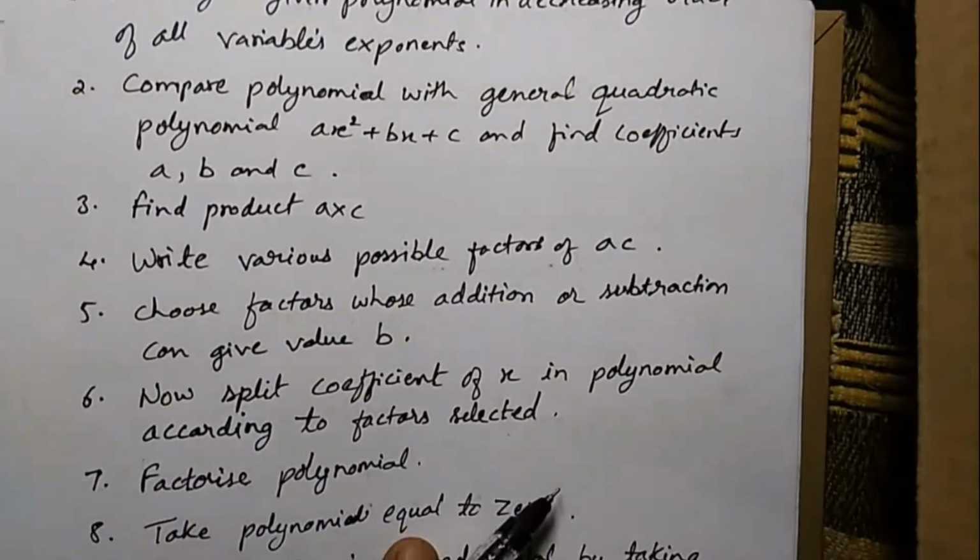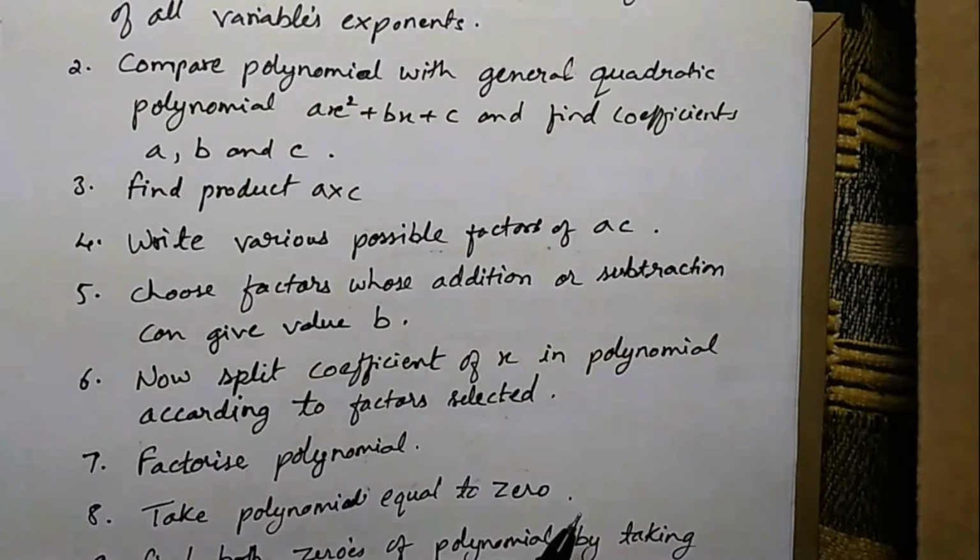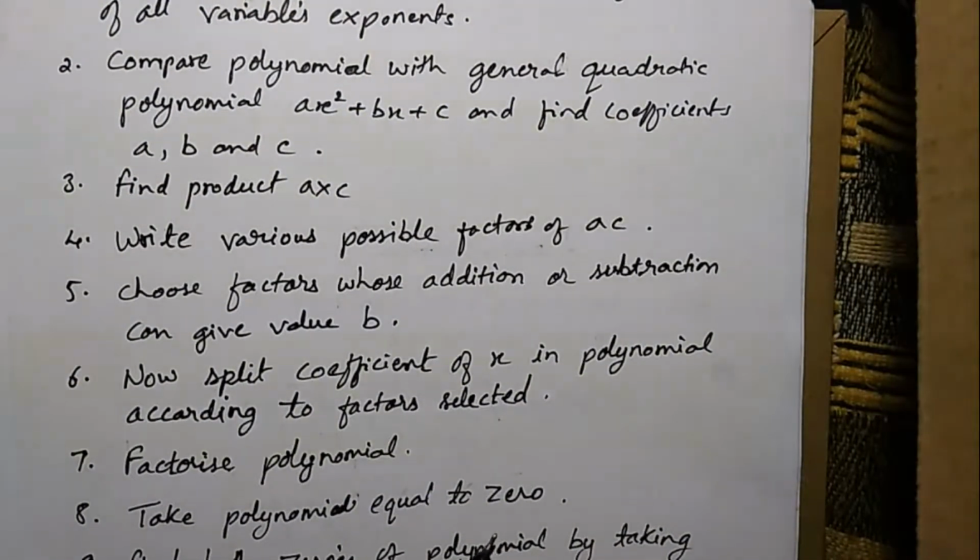Then our sixth step is now split coefficient of x in polynomial according to factors selected, or we can say splitting of middle terms of the standard quadratic polynomial. Now seventh step will be factorize the polynomial.